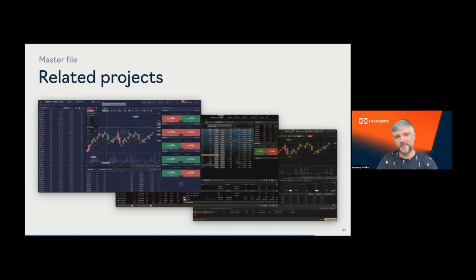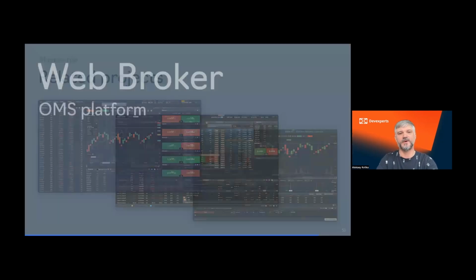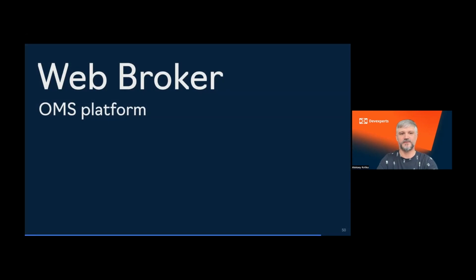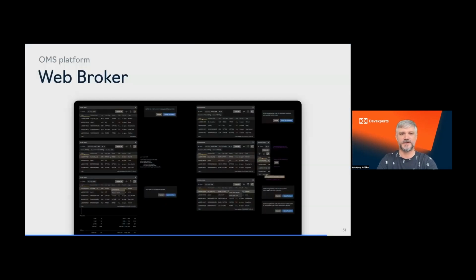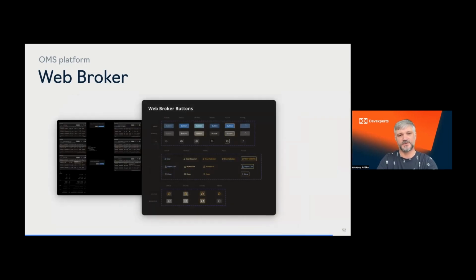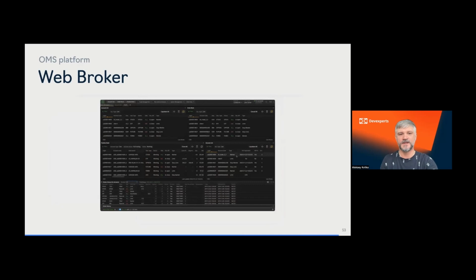And concluding my part, I'll tell you about the product that we call the Web Broker Order Management System. Initially, Web Broker was developed as a separate product. It had its own component library, styles, and tokens, but then it was integrated in DXtrade, which started serving as a wrapper for the Web Broker widgets.